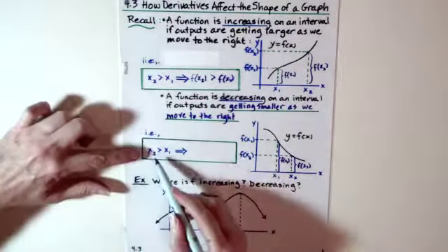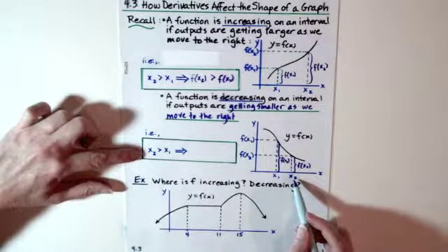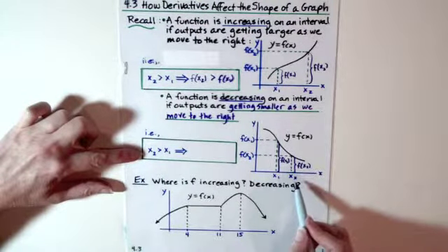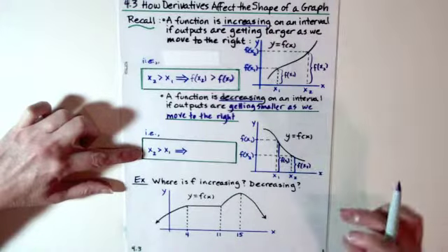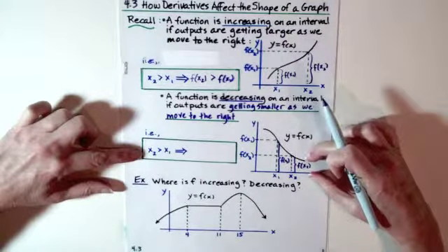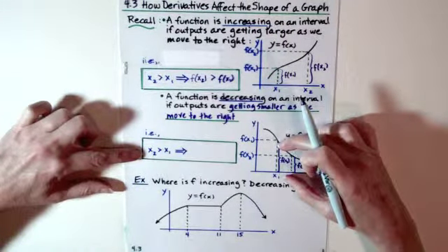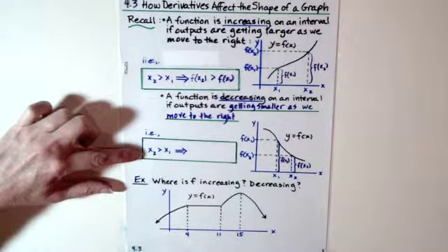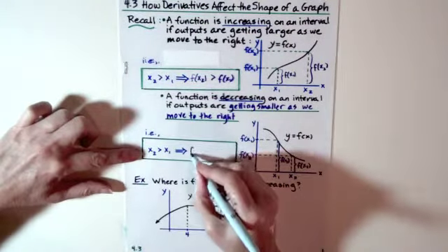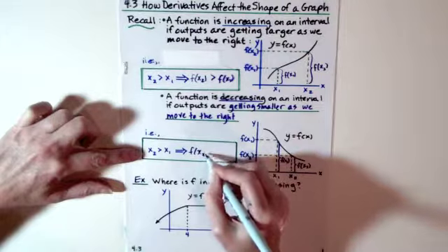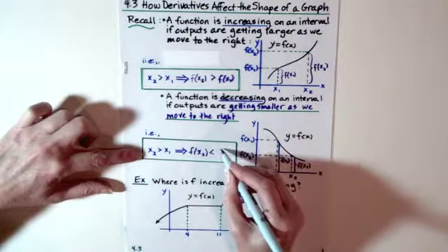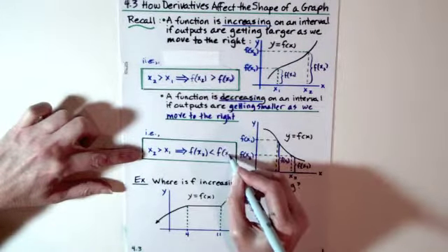Well, let's try to fill in this box. If x2 is greater than x1, in other words, x2 is to the right of x1, how does f of x2 compare to f of x1 if we have a decreasing function? We can see that f of x2 is going to be smaller than f of x1.